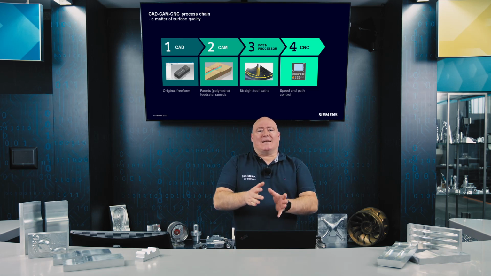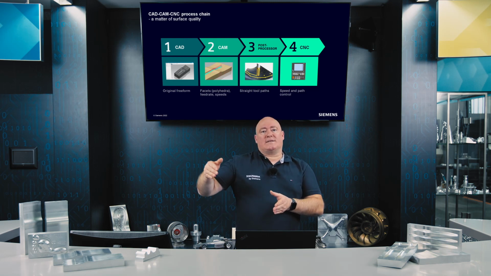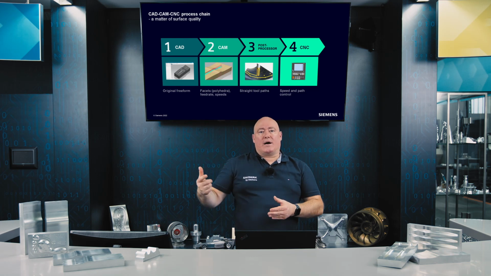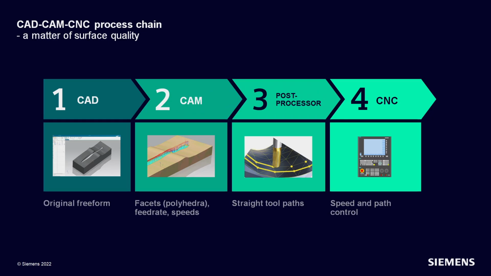This means that what happens in CAD/CAM is subsequently translated into a text file. The text file is in a format that can then be read and interpreted by the Cinemeric CNC. In short, CAD/CAM, post-processor, and CNC form the so-called process chain.